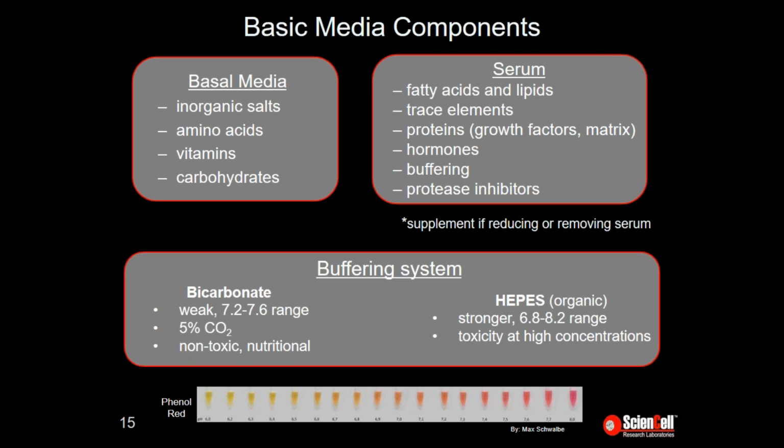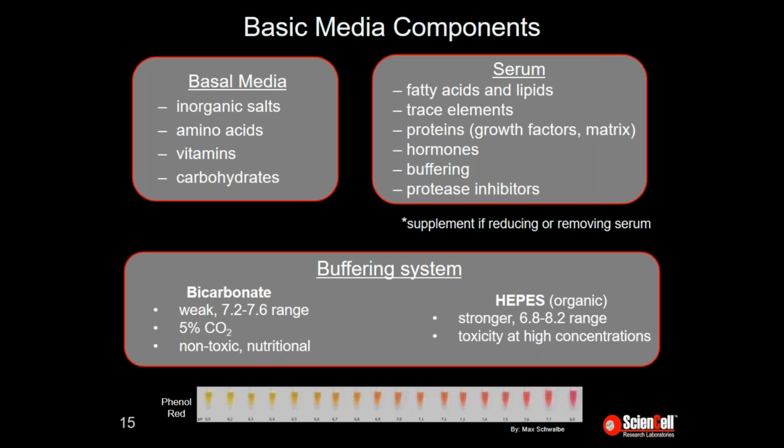Serum, like FBS, is often used to provide other important elements like lipids, hormones, trace elements, and proteins. There has been a concerted effort to move away from using serum, especially fetal bovine serum. However, reducing or eliminating serum requires adding back some of the important serum components like lipids, growth factors, and hormones to achieve good cell growth and viability.